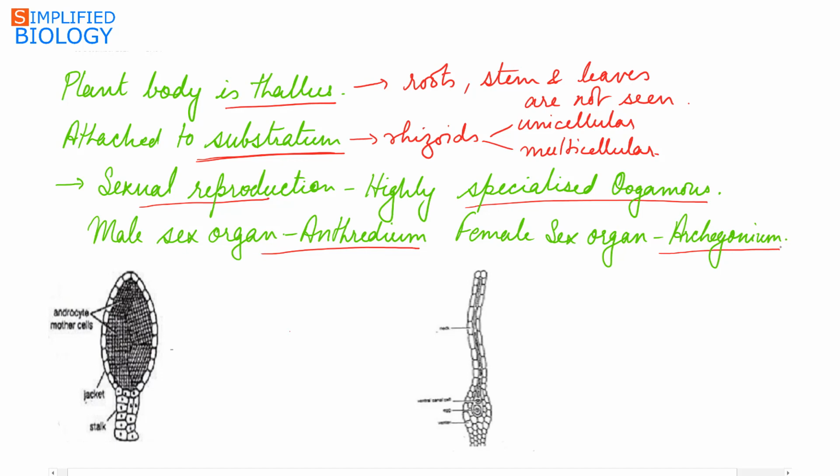The antheridium is a club-shaped structure having a stalk and an upper swollen part which has a single jacket layer, enclosing within it a mass of androcytes.